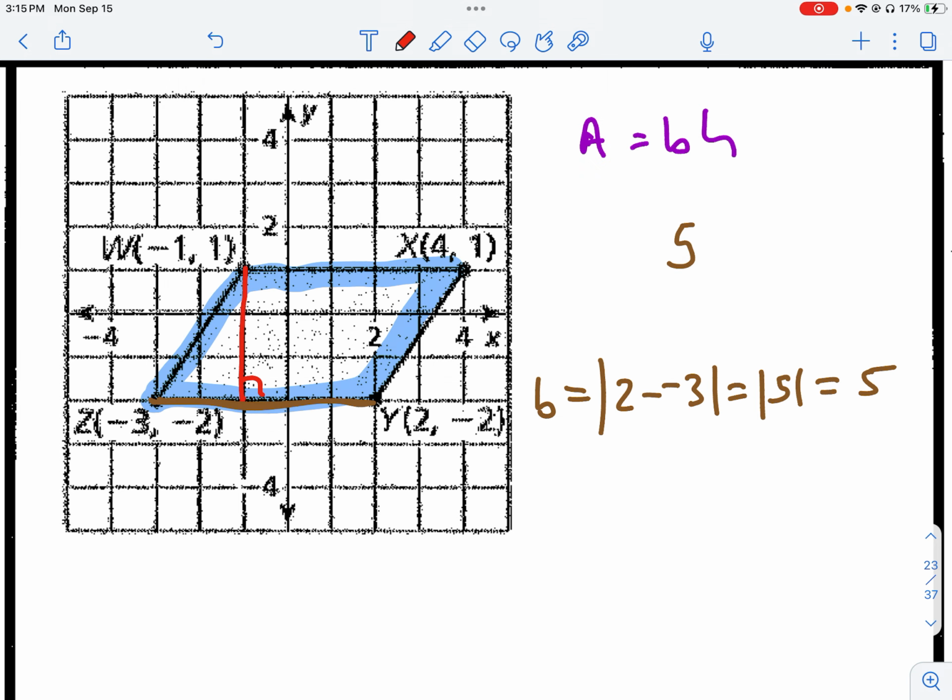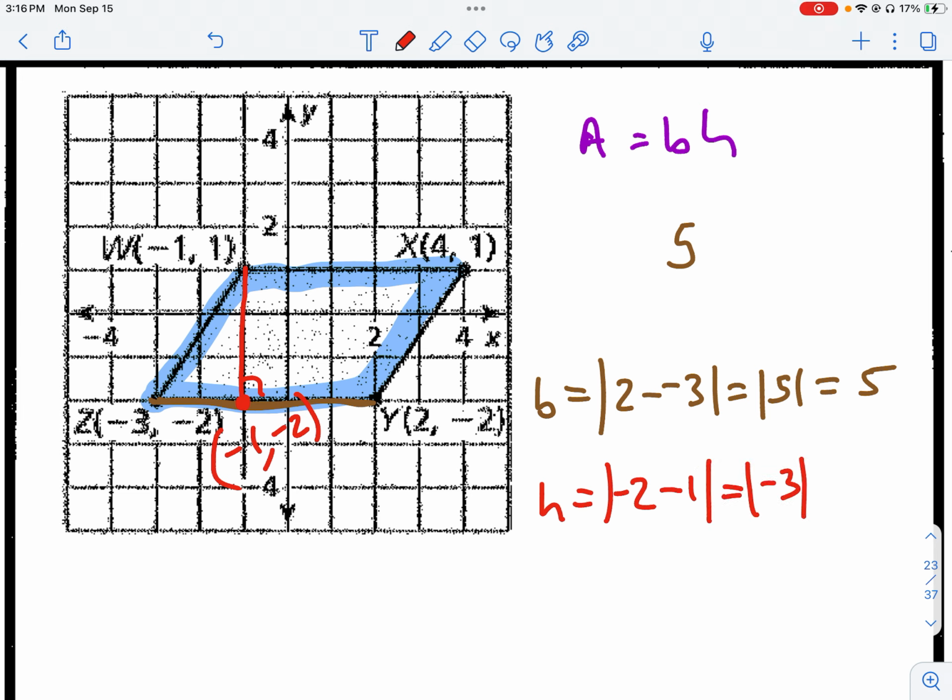Our height is going to go from this point right here, which is -1, -2. So we're just going to find the distance of the y's. So -2 minus 1, in parentheses, absolute value.